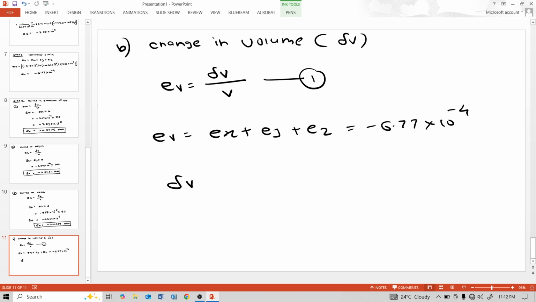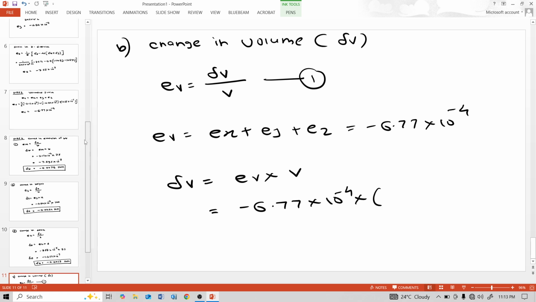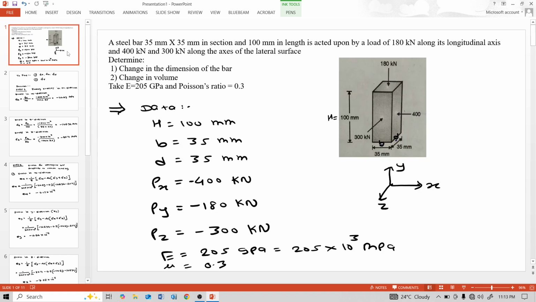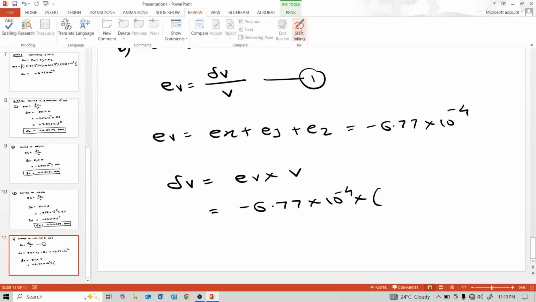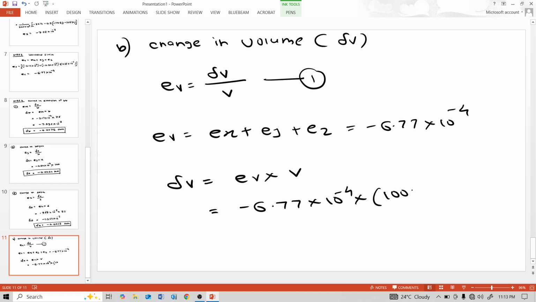Therefore, change in volume is equal to Ev into V: minus 6.77 into 10 raised to minus 4 multiplied by total volume of that steel rectangular bar, 100 multiplied by 35 multiplied by 35, height multiplied by width multiplied by depth.